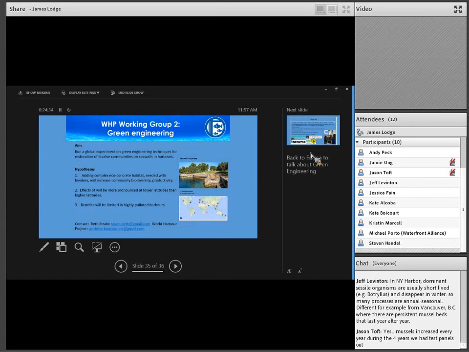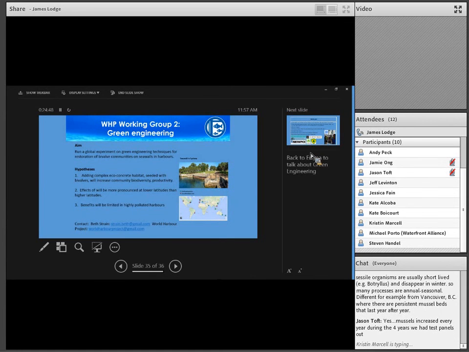So what these guys are trying to do is test a range of methodologies for ecological enhancement of hard shorelines. Their hypotheses, of course, are that adding complexity will increase community diversity and productivity, and the effects are going to be more pronounced at lower latitudes than higher latitudes.